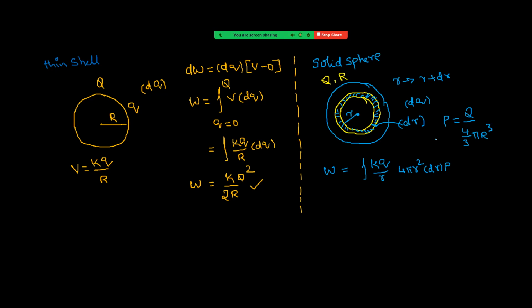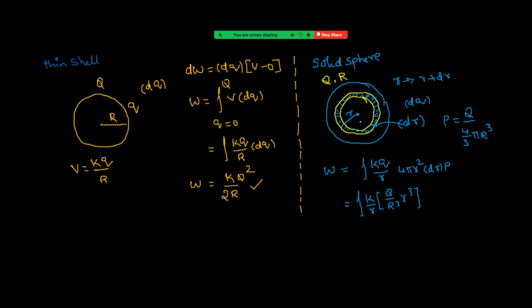Now see the calculation part. Integration of k by small r. In the place of q, I am writing here Q by r cube into r cube. See how we have taken this.